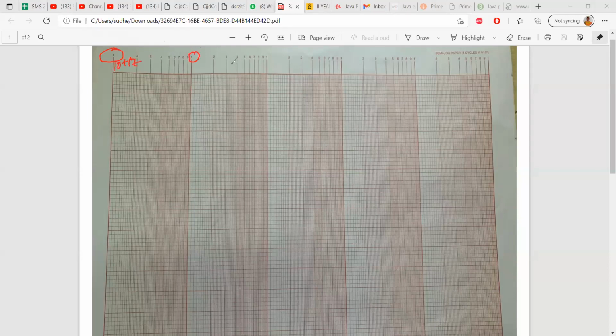So this becomes 100 hertz. Now it becomes 1 kilohertz. It becomes 10 kilohertz. It becomes 100 kilohertz. This becomes 1000 kilohertz, 10 power 3 into 10 power 3, 10 power 6, megahertz, 1 megahertz.